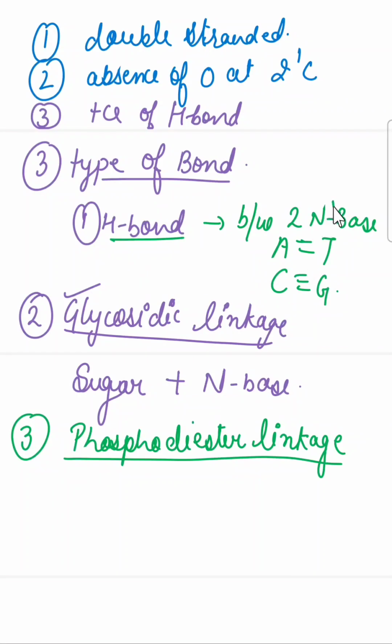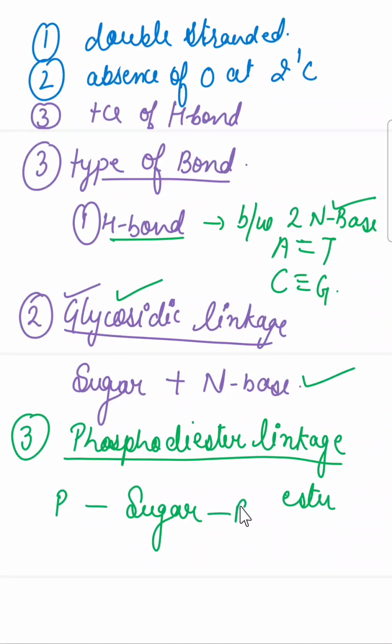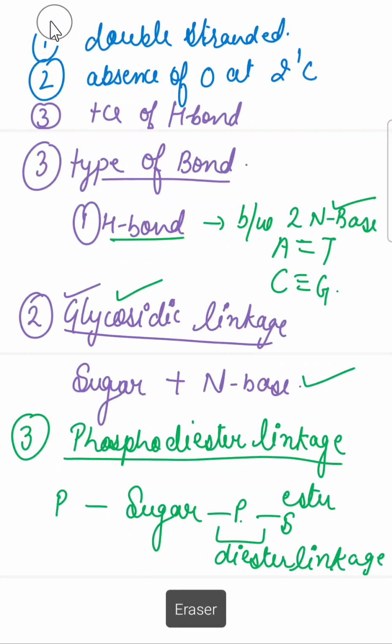Hydrogen bond is between two nitrogenous bases, glycosidic bond between sugar and nitrogenous base. But what about phosphate? Sugar is joined with phosphate group with an ester linkage. So one sugar with two phosphates and one phosphate with two sugar units. When this is formed, we call it the diester linkage. So this forms the backbone of my DNA.